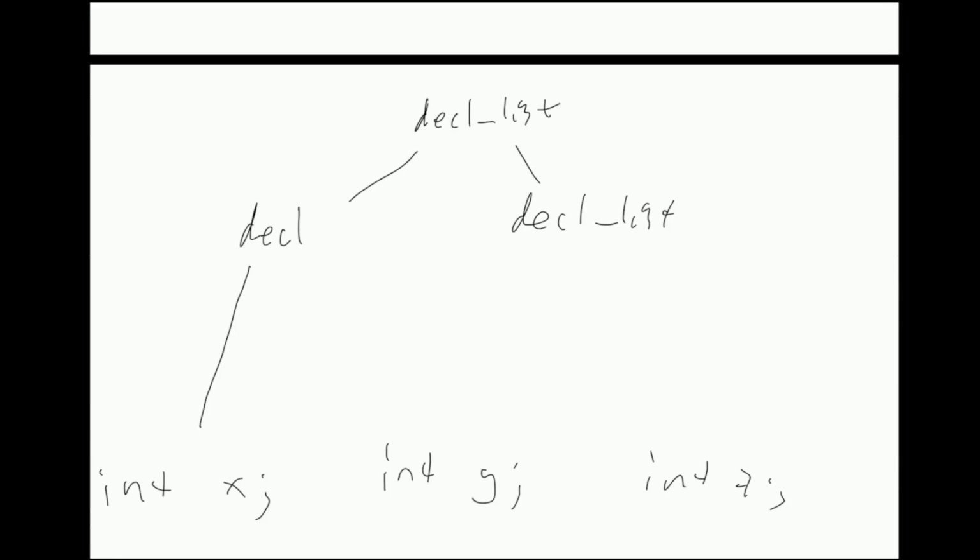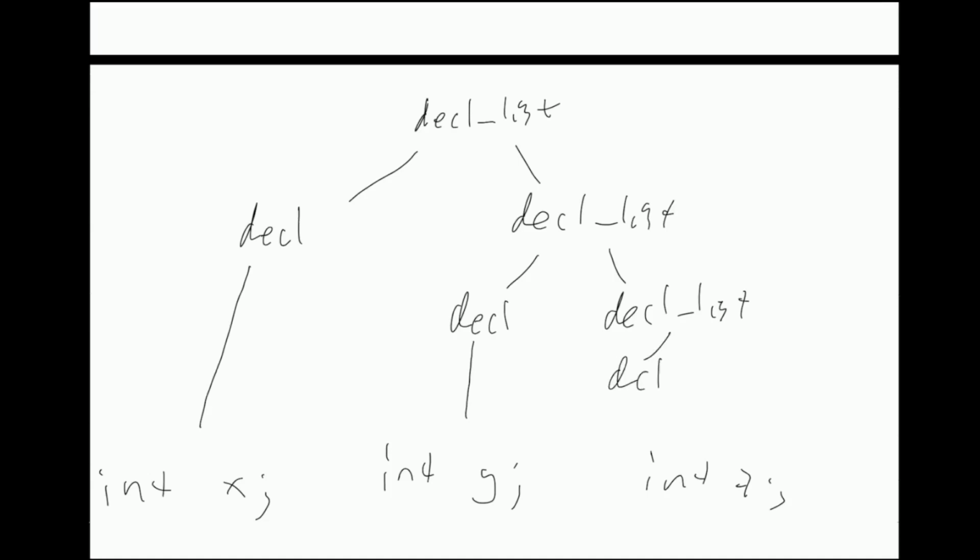What alternatives do we have to match a declaration list? Yeah, either empty or declaration. Right. So if we just have to match declaration list again, then we can line up the declaration with the actual input we saw, and so on.